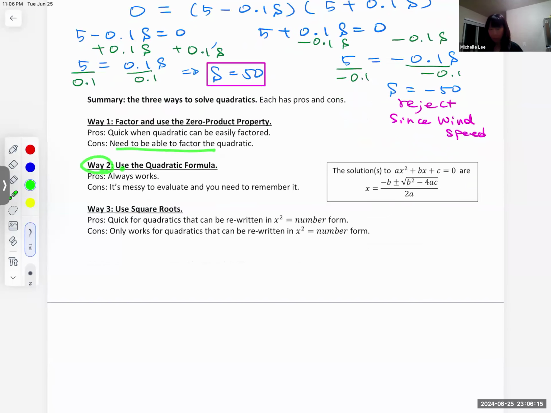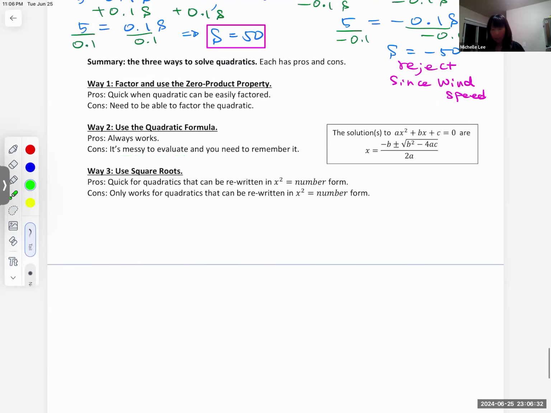Way number 2, use the quadratic formula. This one always works 100%, but it's a lot of steps, and you need to be careful when you're using a calculator. And the last one, use the square root. We have to make x squared equal to a number to use the square root.